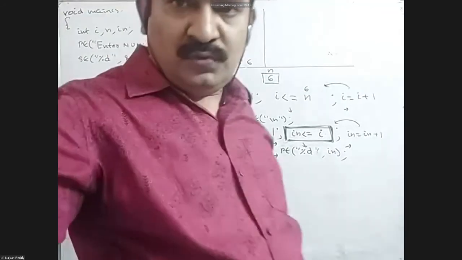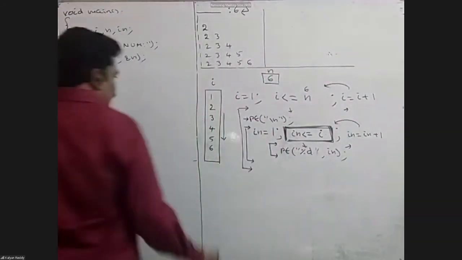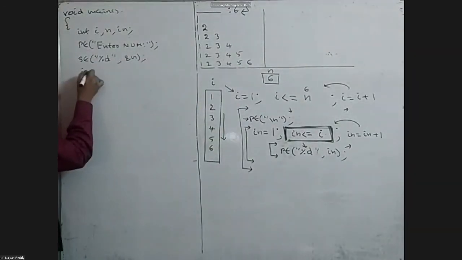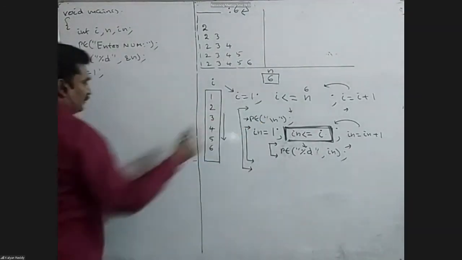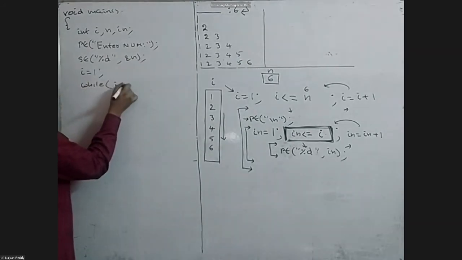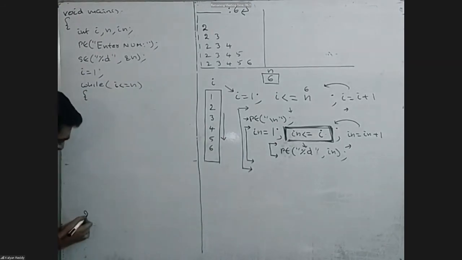Next, go for the loop, the main loop, nothing but the outer loop. This is the logic. Go ahead: i equals 1. Next the condition: while i less than or equal to n. Loop body open, loop body closed, main body closed.